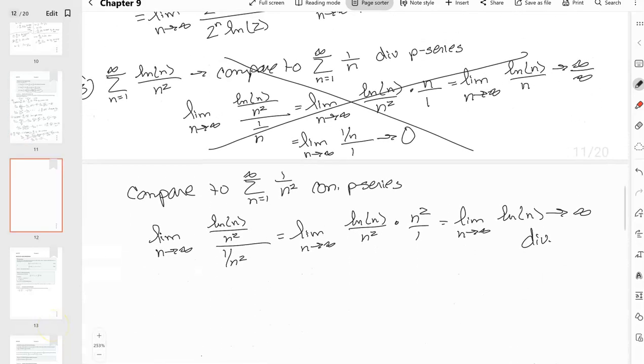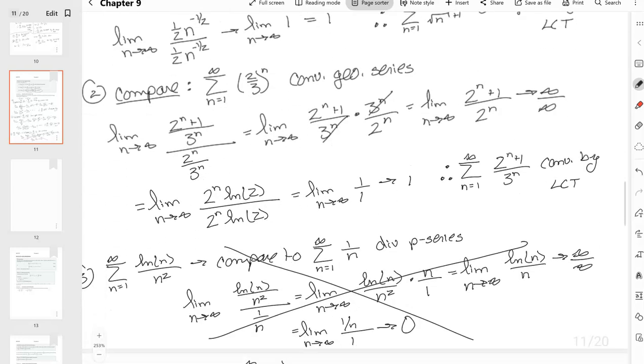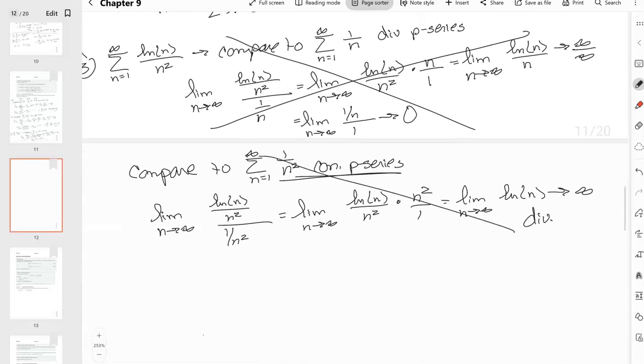So that doesn't really help us either because we picked something that converges and we ended up with a part of the theorem that's talking about divergence only. So maybe the answer lives somewhere between 1 over n and 1 over n squared.